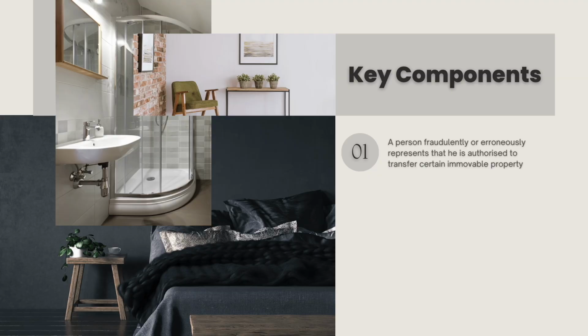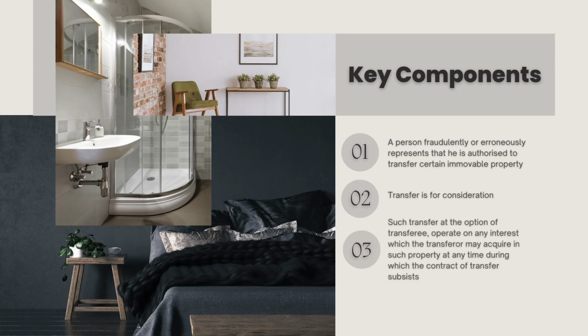Therefore, we have to look at some of the key components. What are they? 1. A person fraudulently or erroneously represents that he is authorized to transfer certain immovable property. 2. This transfer is for a consideration. 3. Such transfer is at the option of the transferee, operate on any interest which the transferor may acquire in such property at a time during which the contract of transfer subsists. 4.